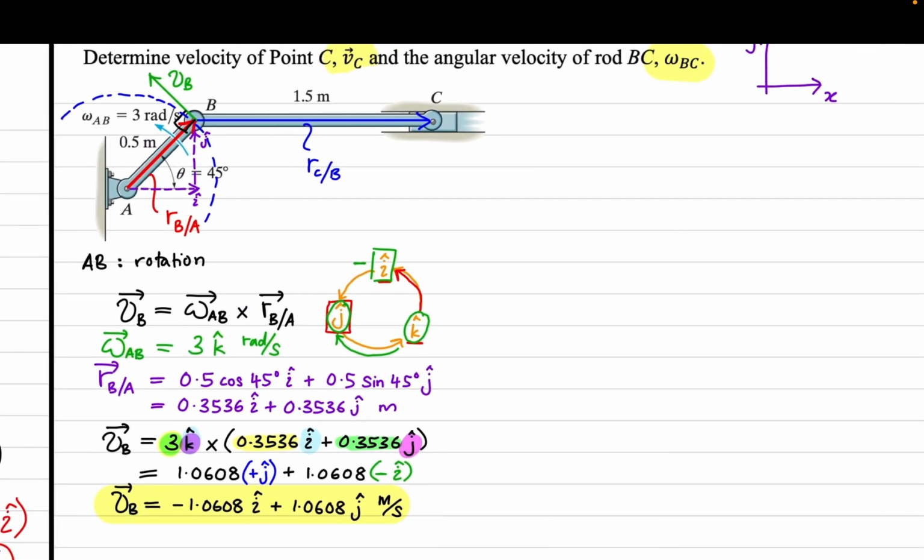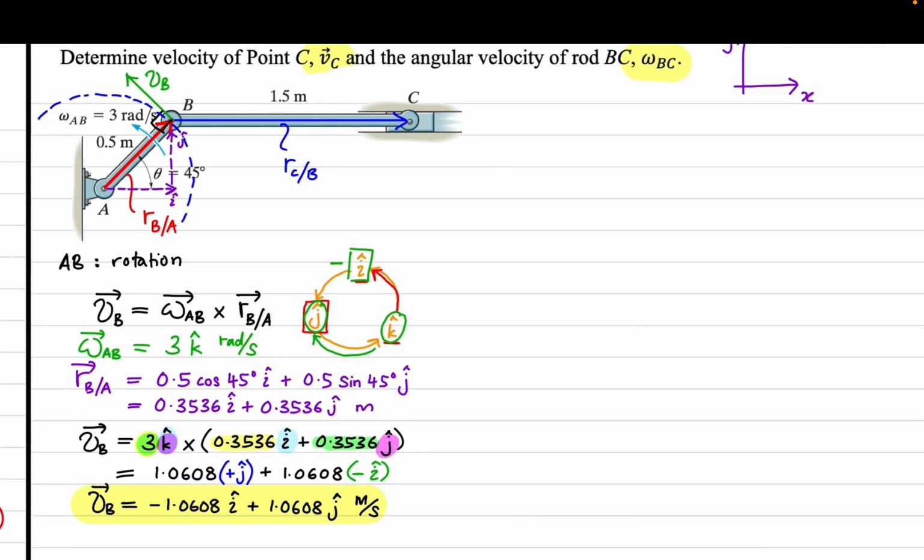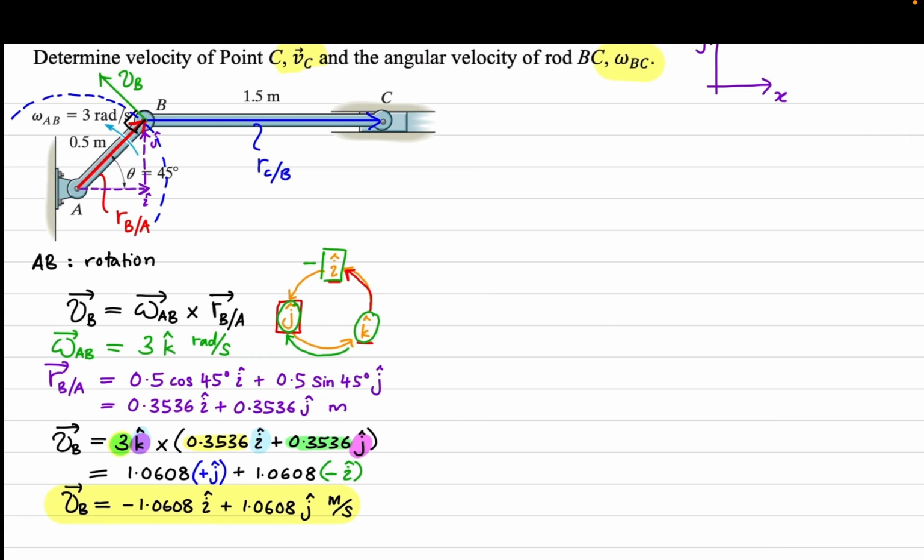We look at this velocity direction here. This is what we have determined earlier, that VB is diagonal pointing upwards to the left.